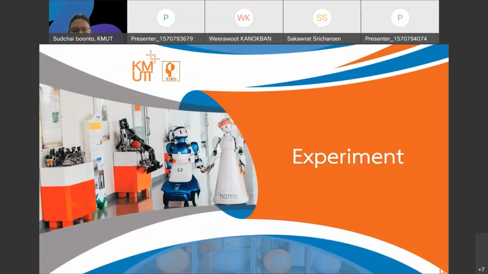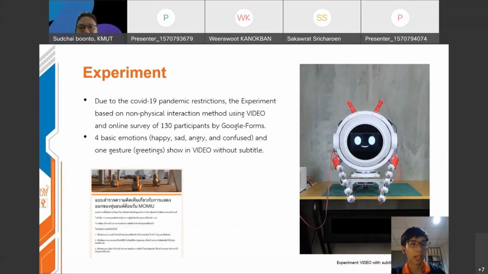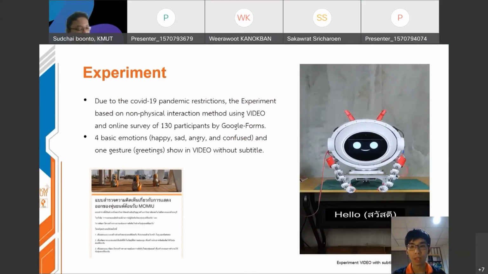The last part is the experiment. In this project, we implemented during the COVID-19 pandemic restrictions, so no one came to the university to test the prototype of the moving robot. We could only evaluate how users perceive this expression display based on a non-physical interaction method, using video and an online survey.